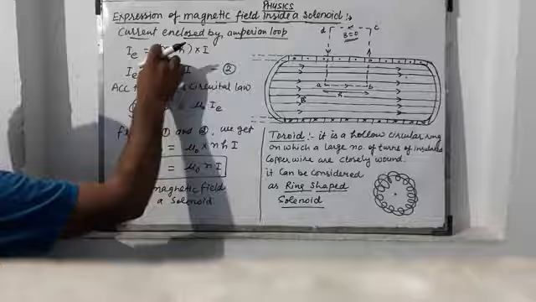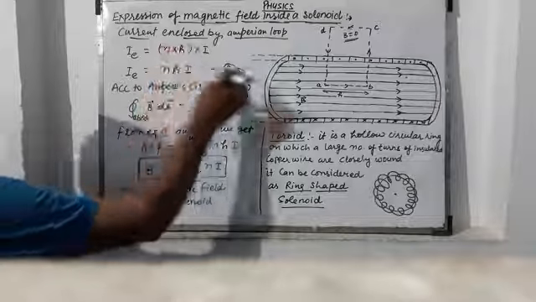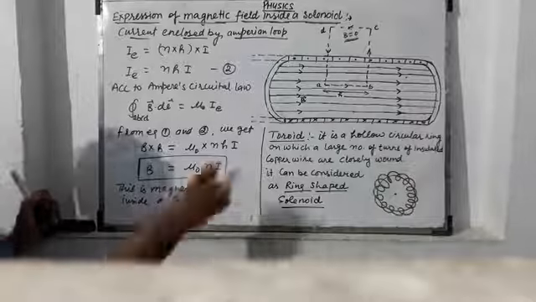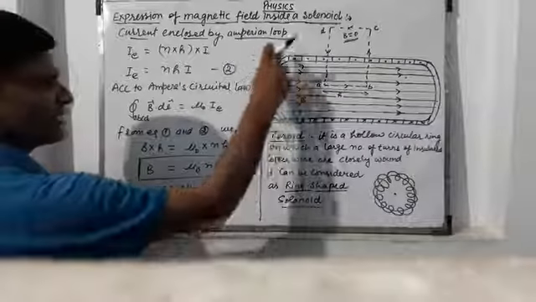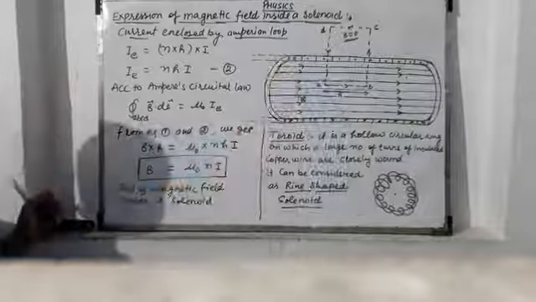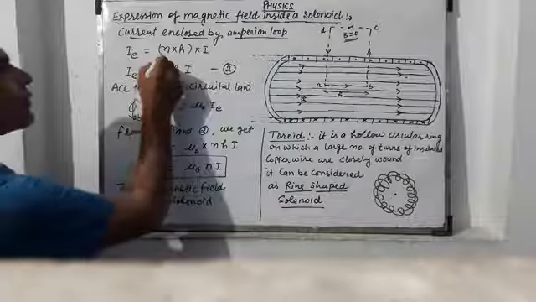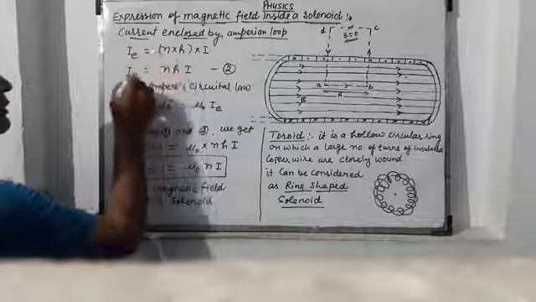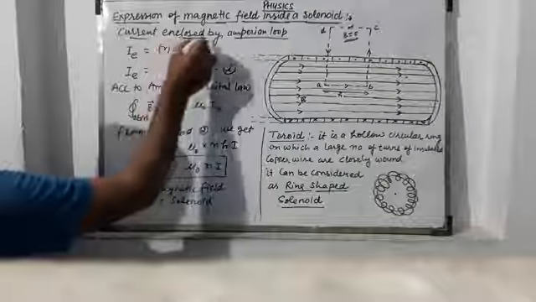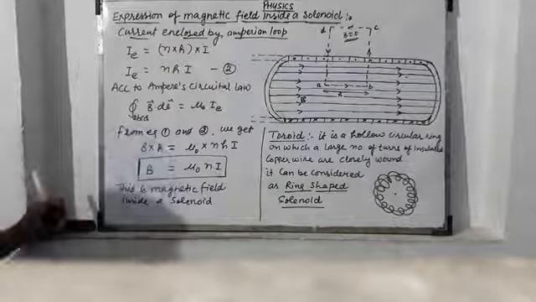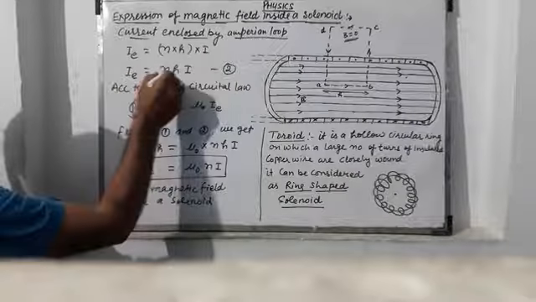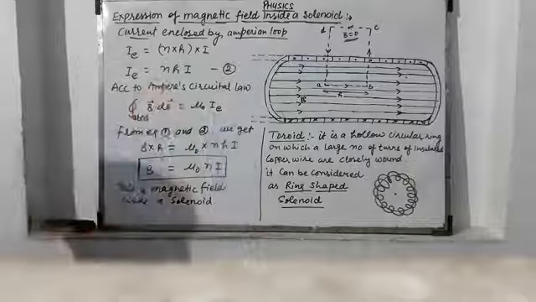So n h is the total number of turns in length h, and I is the current in each turn. So n h I is the total enclosed current by the Amperian loop, that is Iₑ = n h I.